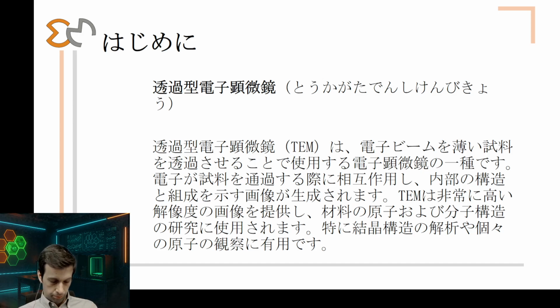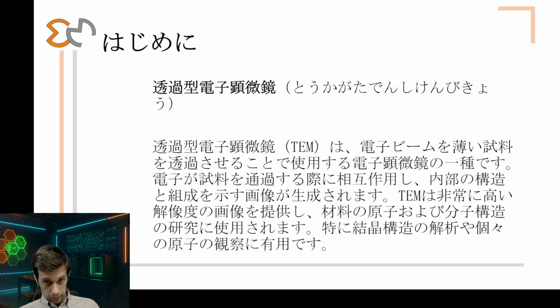The second big category of electron microscope is the transmission electron microscope. Transmission electron microscopes work in a different way, because in this case the electrons go through our sample, across all of the sample. The detector is on the opposite side, so only the electrons that can make it through the sample can be observed.